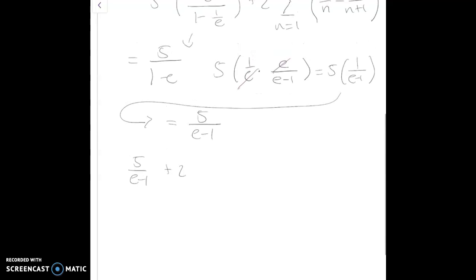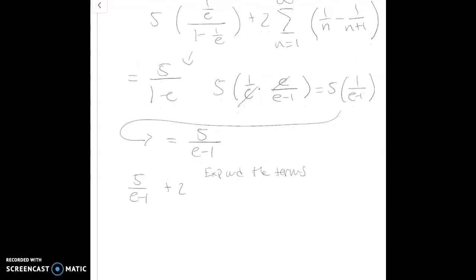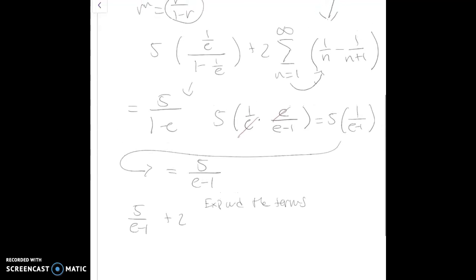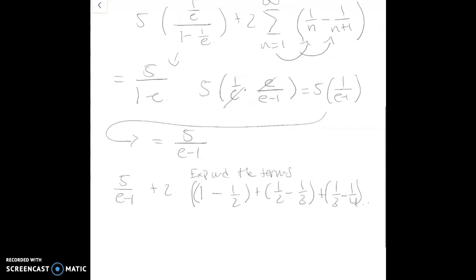and right here we would expand the terms, which, if I'm not mistaken, is called telescoping. Here n equals 1, of course, goes to the end, and it would look like 1 minus 1 over 2, plus 1 over 2 minus 1 over 3, then plus 1 over 3 minus 1 over 4, and so on from there.